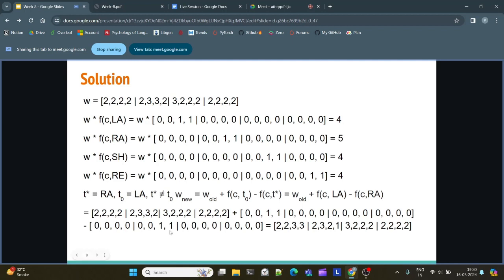Another change is we're subtracting 1 1 from here, so that becomes 2 1. By doing this, we obtain the weight vector we have after 2 steps of the iteration. So this was the problem. Do any of you have any doubt?